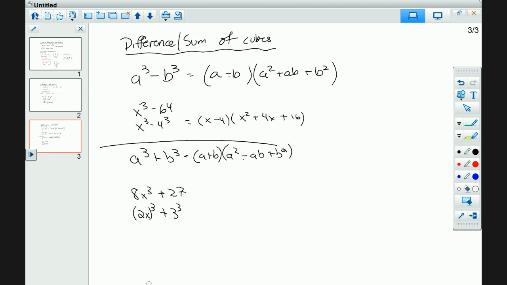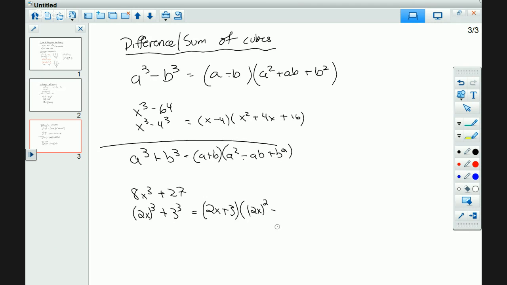If you're a math nerd, fine, whatever. I don't bother with it. So we just plug these in. 2x plus 3. And we have 2x squared. Don't forget, put the 2x in parentheses. Okay, that's that whole term.